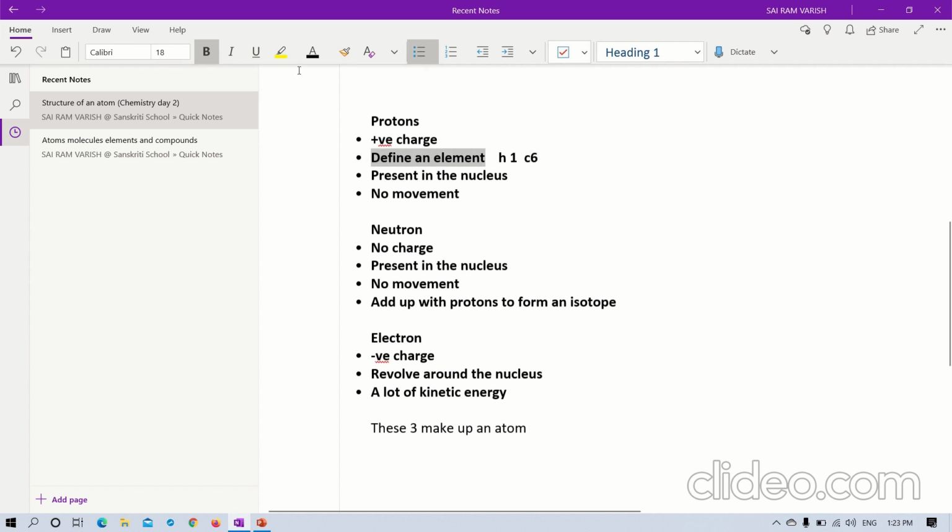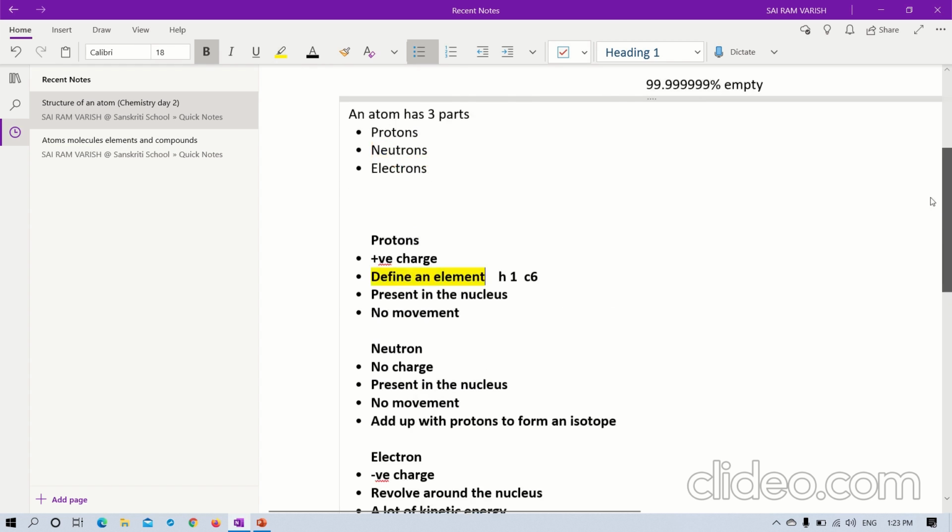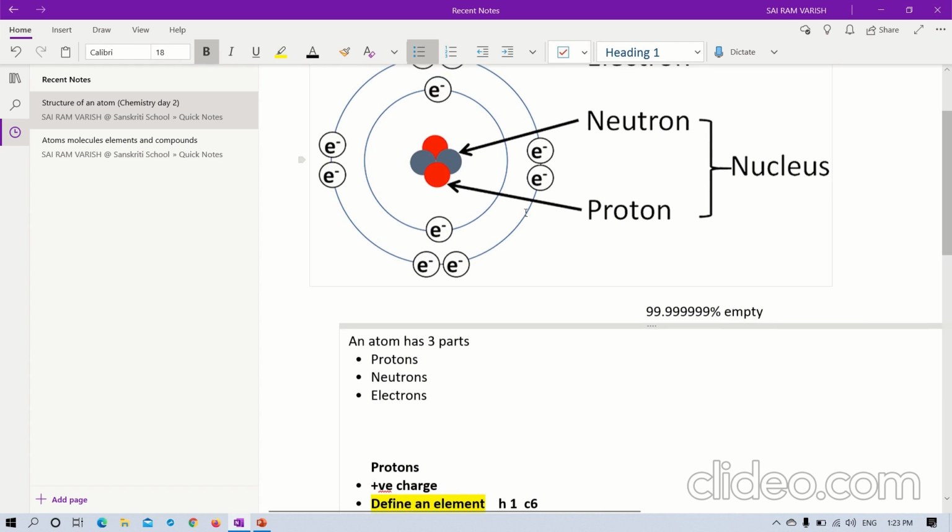All the elements are based on the protons, and if at least one proton is added or removed, then the whole element changes. Protons are present in the nucleus, which is really small as shown here, and they do not have any movement.